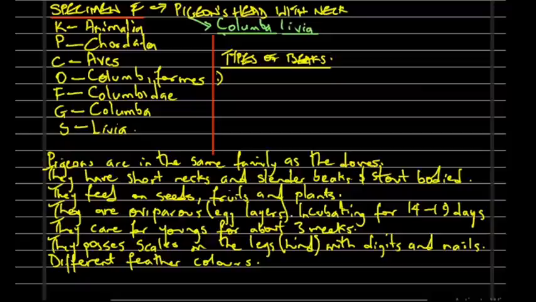But for this particular organism that we're talking about, the pigeon, let me just list some types of beaks here. Short and strong, we have that in the eagle.